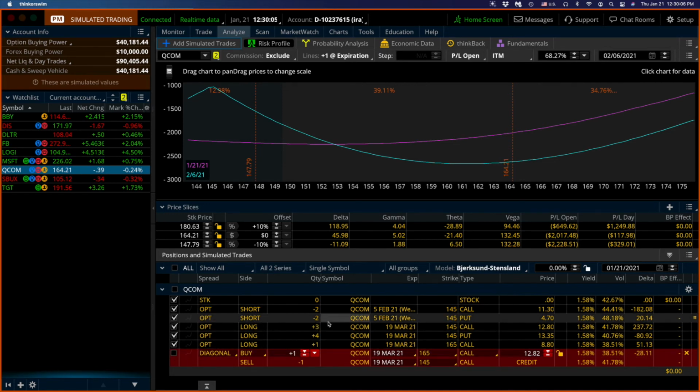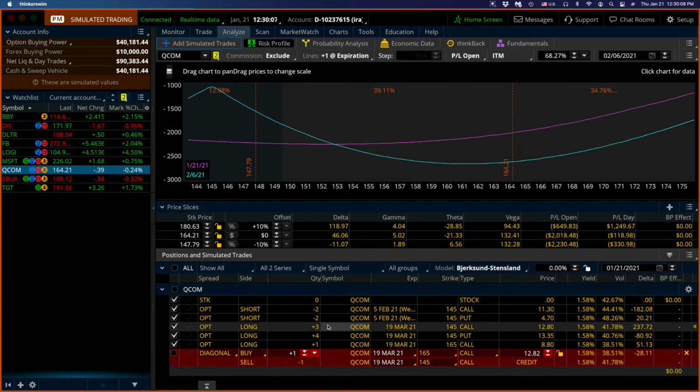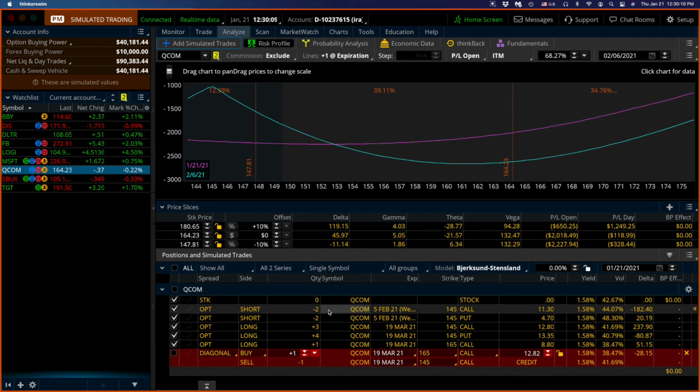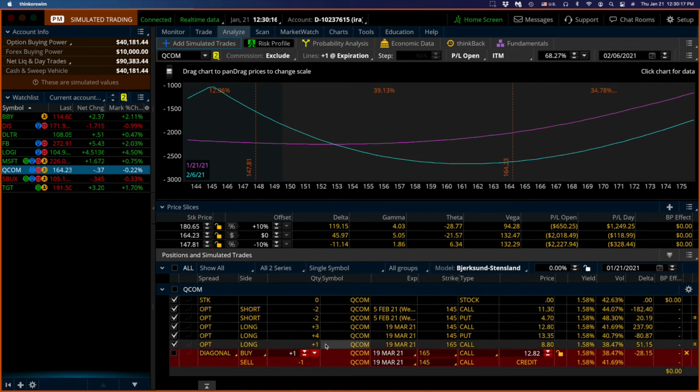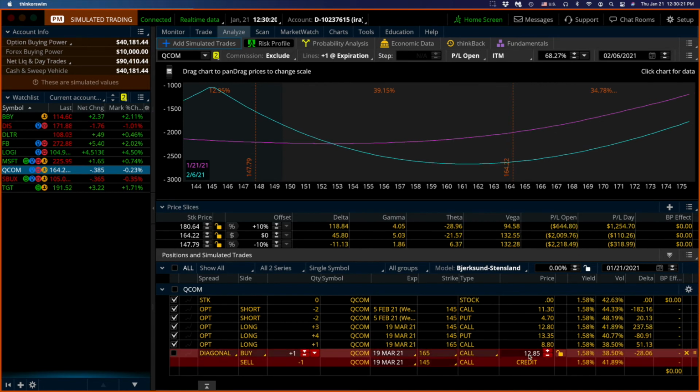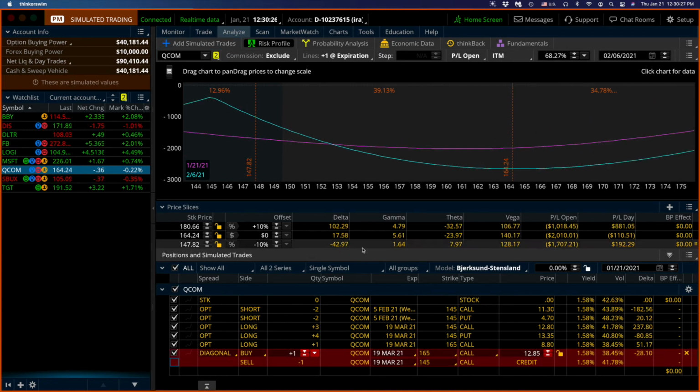How about if I did this rollover? I have 3 calls long, 2 calls short at 145, so I can roll one of them up to 165. I already have one of them here. That way I get $1,285, and my new trade will be more delta neutral so I don't care if it goes in either direction upon earnings.